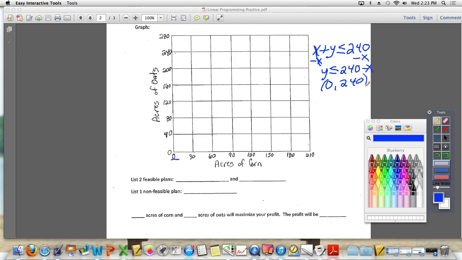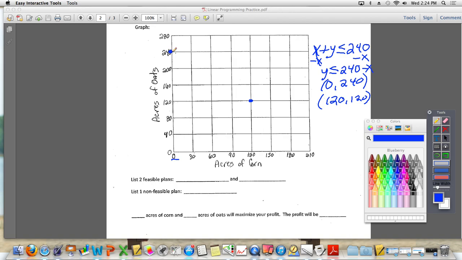0 and 240. I need another point, and I think there may be only one other point that will fit. 120 and 120. That one will work. I'm going to go over to 120, up to 120, and put a point. Over to 0, up to 240, put a point.